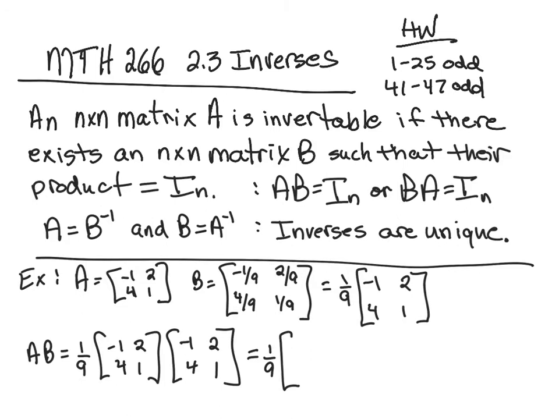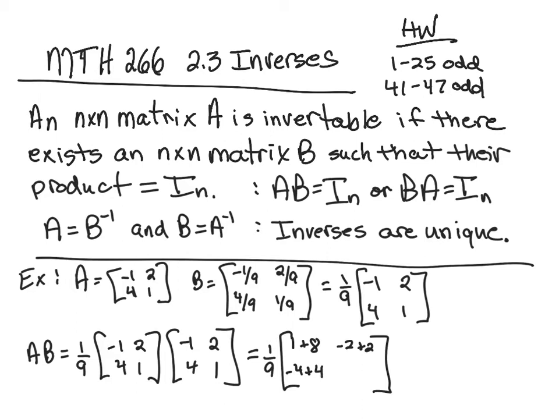When I multiply, remember you go across and down. So -1 minus 1 is 1. 2 times 4 is 8. You see that gives me a 9 there. Row 1 times column 2 gives me -2 plus 2. There's a 0. Second row, 4 times -1 and 1 times +4.